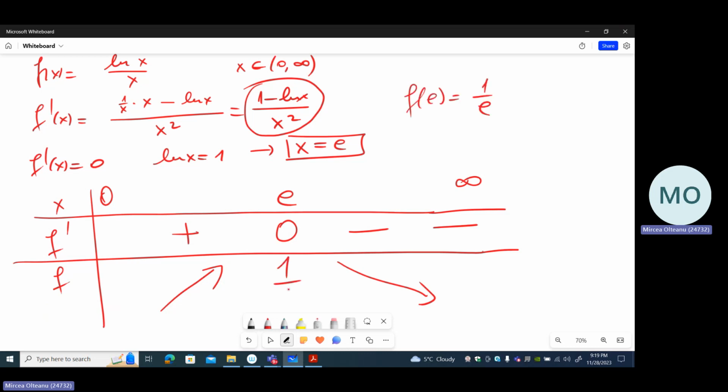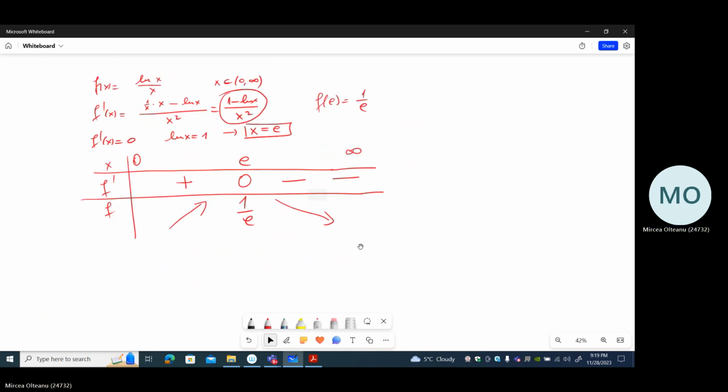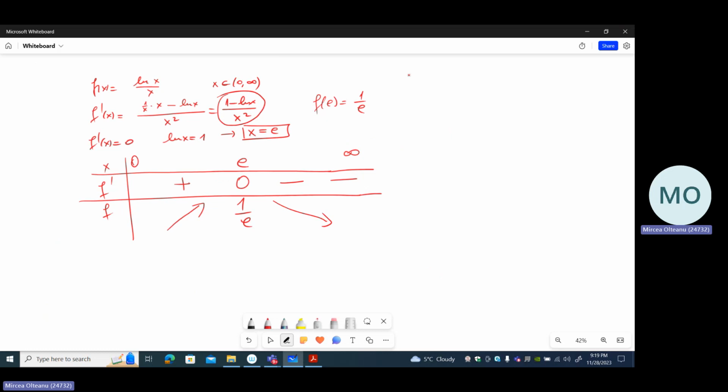So in this moment we have the monotony. It is increasing on 0, e and decreasing on the interval e, infinity, while x equals e is a local maximum, but actually it is a global maximum because the value here is the greatest value of the function, as the variation table shows.